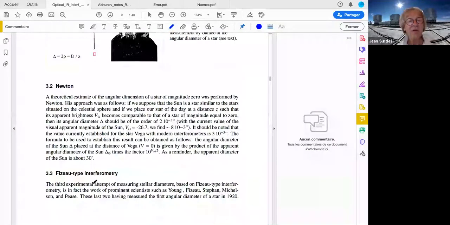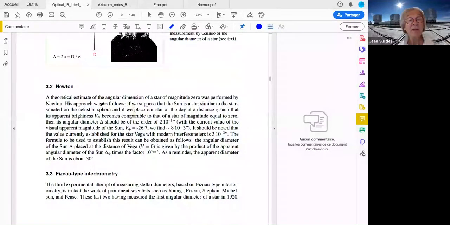Now, another very nice way of estimating the angular diameter of the stars is Newton. Newton is a kind of Beatles among the physicists, because just mentally he proposed a very nice way to estimate the angular diameter of the stars.